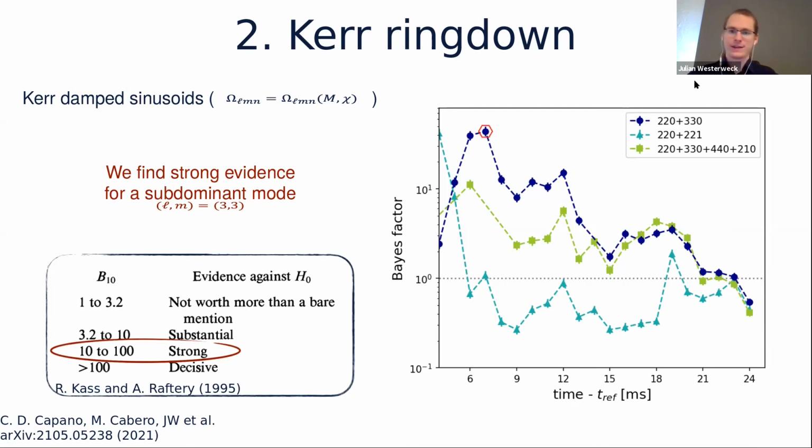And you can see that for the dark blue, the 2-2 and 3-3 mode model, there's a number of times where we find this strong evidence, and there's a peak at a Bayes factor of around 40 in favor of these two modes versus only the fundamental mode, and the other models generally find smaller support.